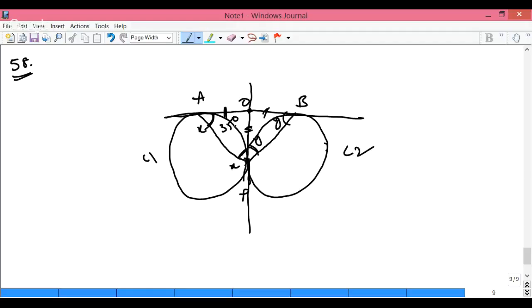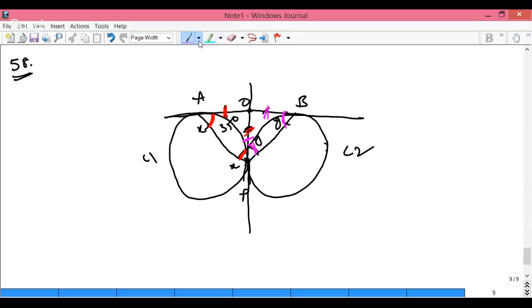These two tangents are equal, so these two angles are equal.